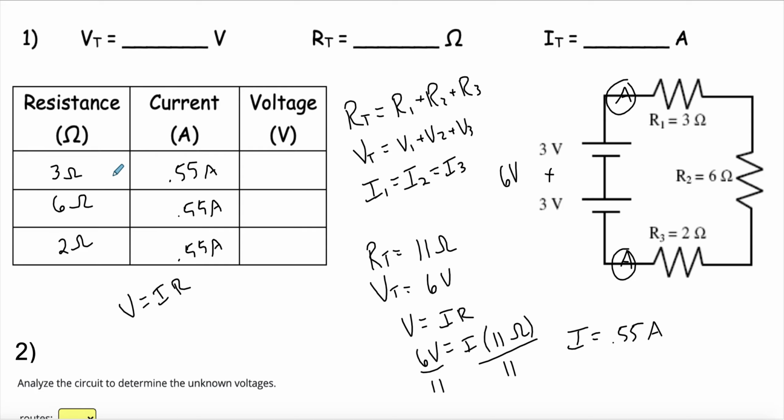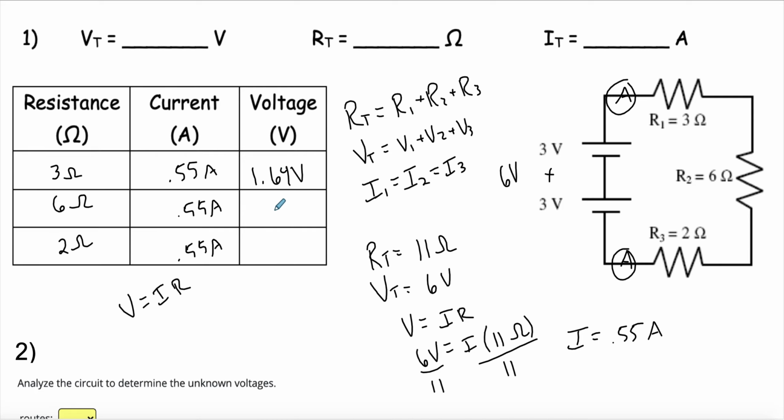We just multiply those together, so 0.55, and you might want to use the 0.5454 to get the best answer. Okay, so that's what I'm going to do. So I'll take that times 3, and I get 1.6363, so let's say 1.64 volts. That's a repeating decimal again.